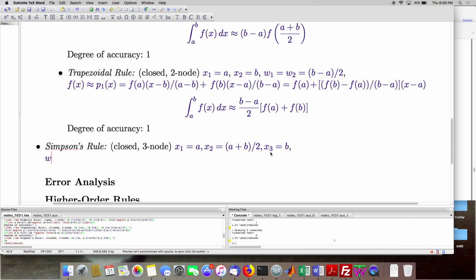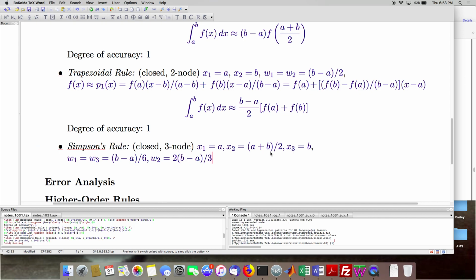So the first weight and the third weight are the same, (b minus a)/6. And then the second weight is equal to 2 times (b minus a)/3. So here we have (b minus a) times 1/6, and here we have (b minus a) times 2/3, or 4/6.